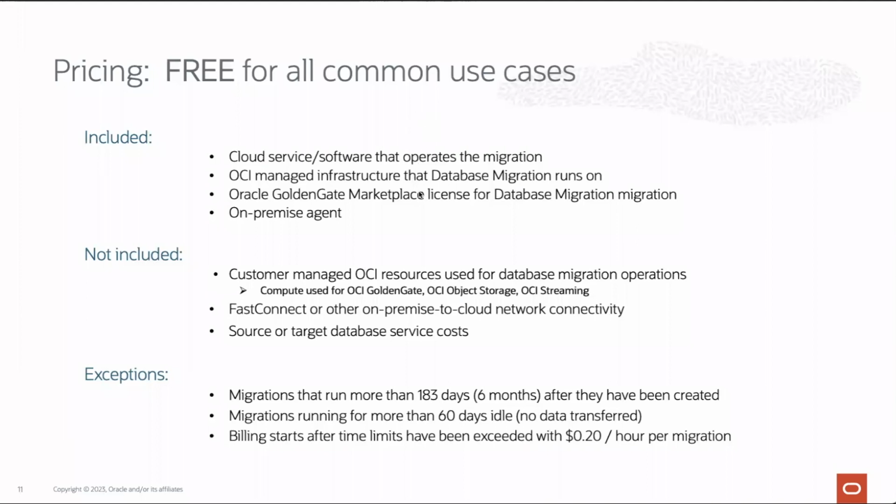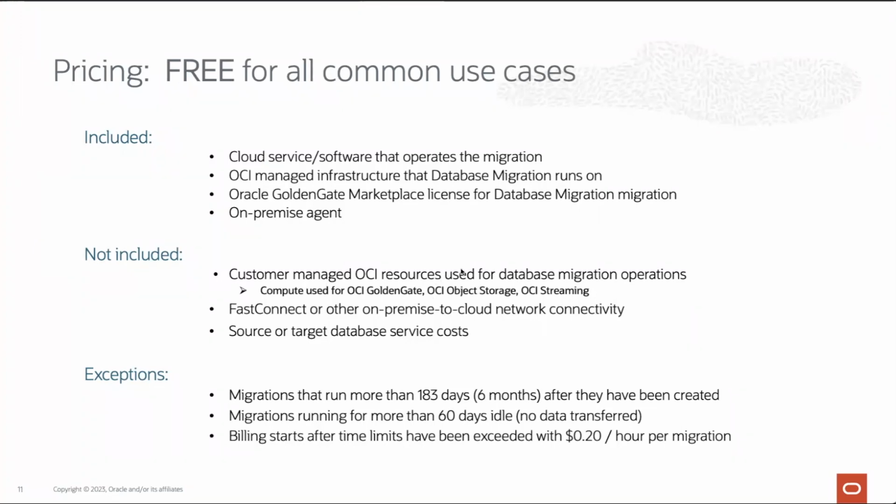We already said that also the Golden Gate license is included, and also if we need an agent, because we don't have a direct connect to the source database, this is also included. What is not included, the compute instance that we need to run the Golden Gate is not included. So the customer does not have to buy licenses for Golden Gate, they are included, but the compute instance that the Golden Gate runs on needs to be paid.